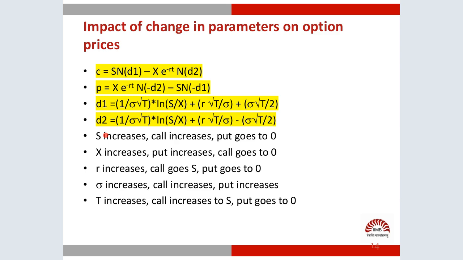What happens to D2? D1 is actually straightforward, and D2 is a little more complicated, but D1 is quite straightforward. What happens to D1 when T goes to infinity?